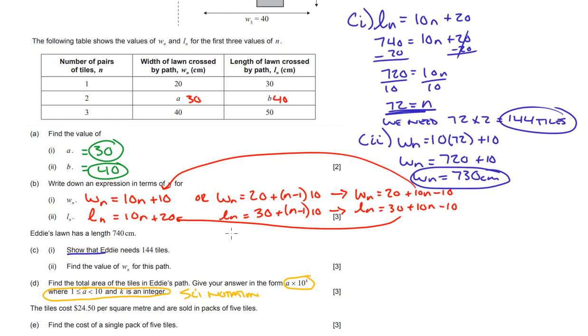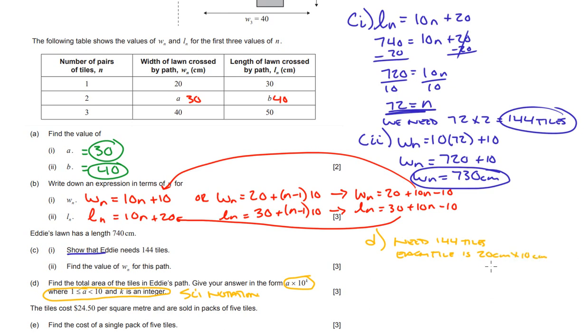Okay, so if we know that we need 144 tiles, right? So for part D, we need 144 tiles, and then each tile is 20 centimeters by 10 centimeters.